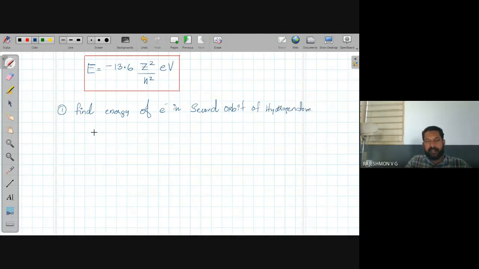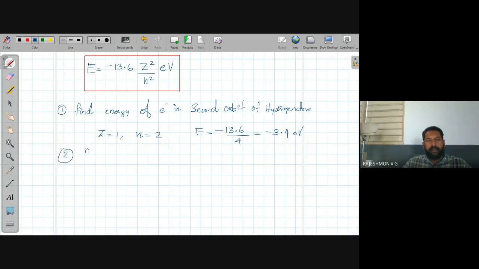Still the atom is hydrogen, so Z is 1. Orbit is second, so n equal to 2. Therefore, E is equal to minus 13.6 divided by 4. It is minus 3.4 electron volt.